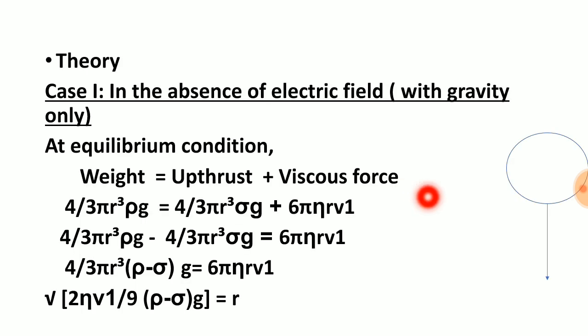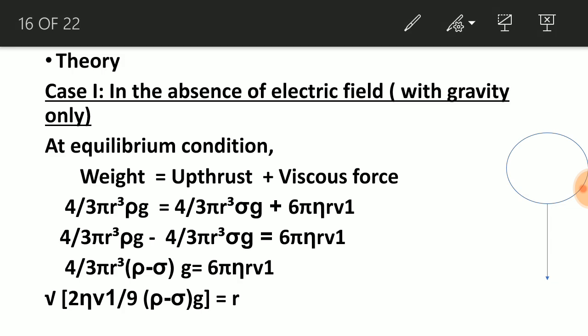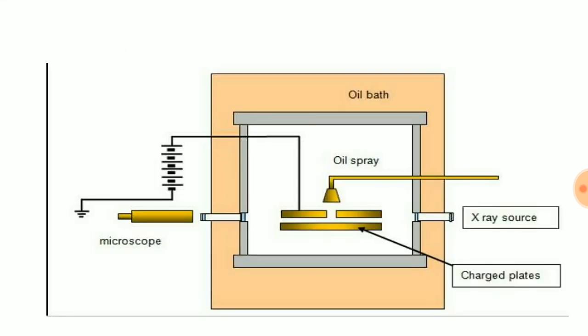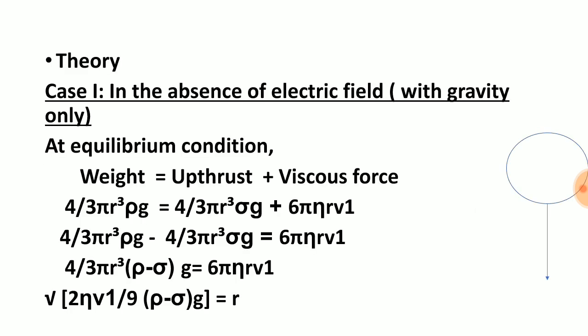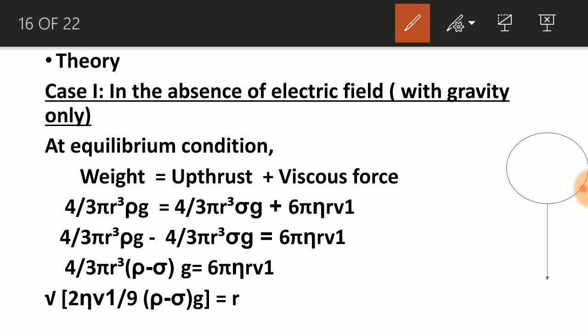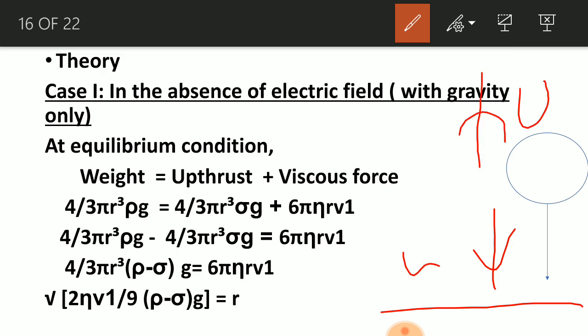If this is a spherical ball, or an oil drop dropped from this atomizer, then this drop will experience one force, that is its weight, and another upward force that is called upthrust. These two forces are natural forces.